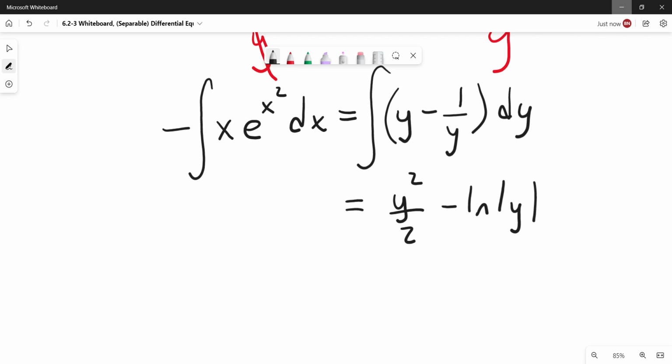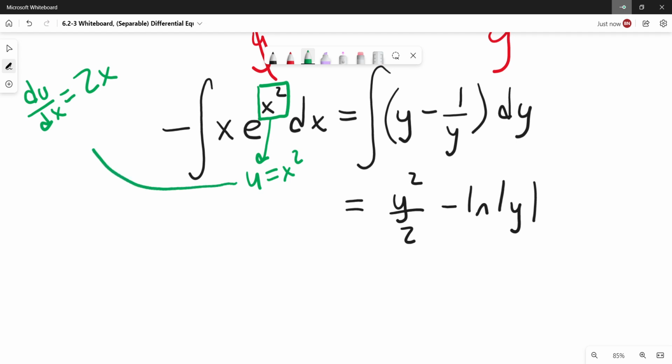I would only put a plus c on the right side, but I'm going to put a plus c with the x's. Over here, this is going to need to be my u. u is x squared, and so my du/dx is 2x, right?